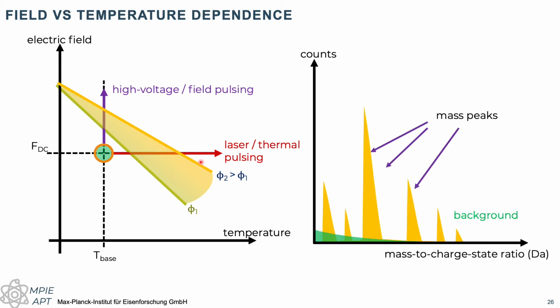And if we do this, we end up with a mass spectrum that makes sense. We control the time of flight well, and we have a low level of background that's mostly related to the dark current of the detector, and also some of the ionization of the residual gas that happens at the DC field, so we cannot time it.